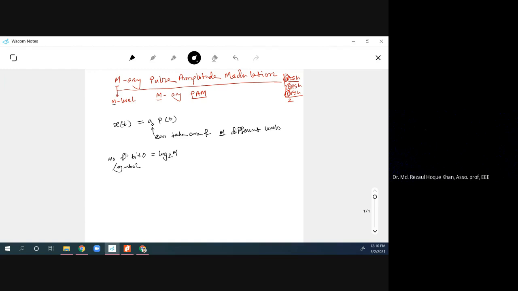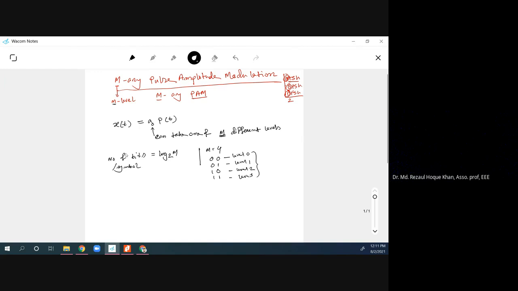For example, if M equals 4, instead of 2, we will have 00, 01, 10, and 11, right? So 00 will indicate level 0, then level 1, level 2, level 3.